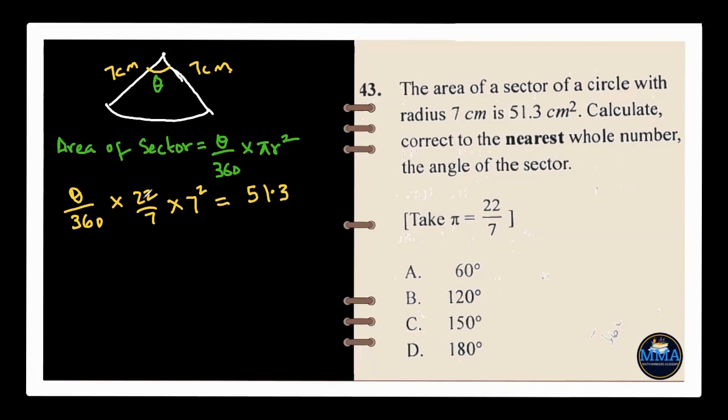Now, when we multiply out 22 times 7 squared, that will give us 1078. This 1078 theta all over 2520 equals 51.3.